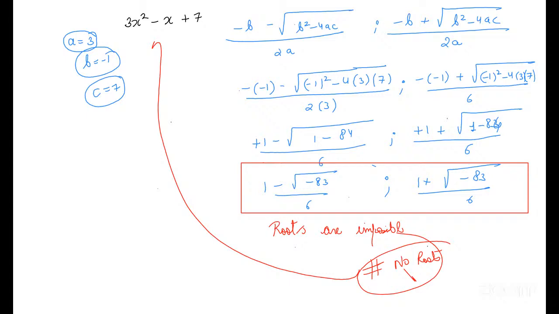If you put it in the place of x, basically we used to verify it, right? Like we got x as 2, so we used to put it in the equation and we get the answer as 0. But in this equation, there is no such number because we are getting a root in negative form, and a root in negative form is impossible. So what does this mean?